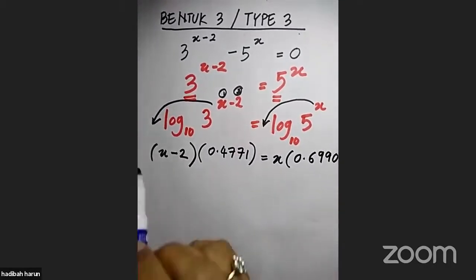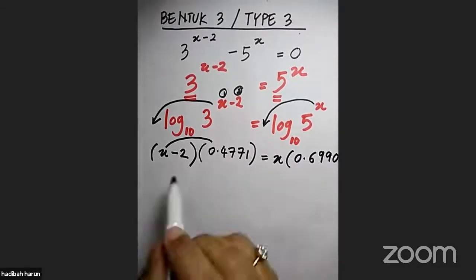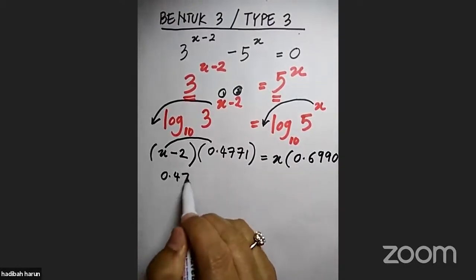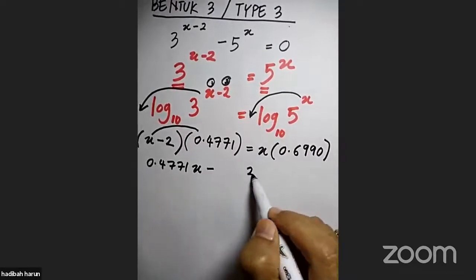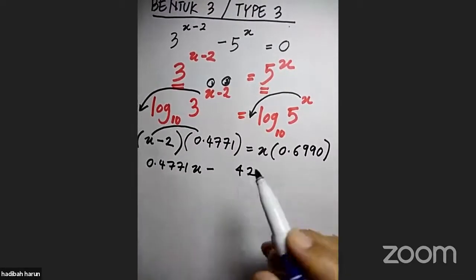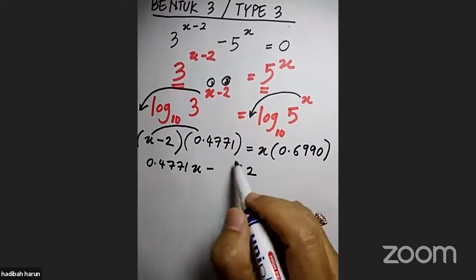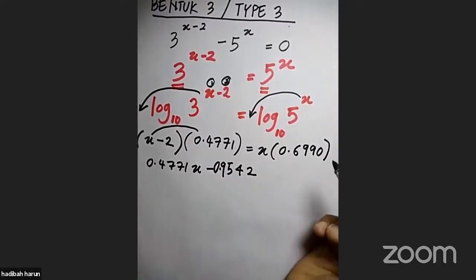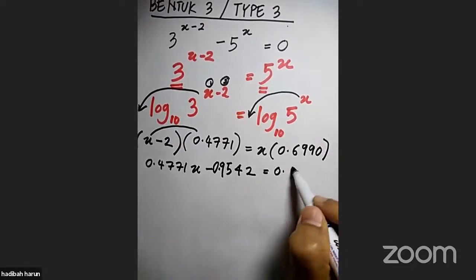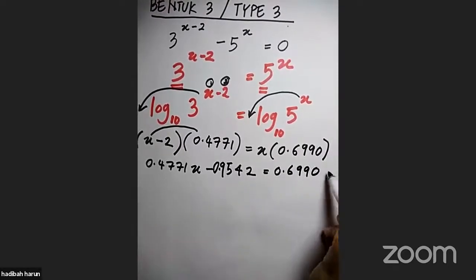So you are going to multiply: 0.4771x minus 2 times 0.4771, which is 0.9542, equals to 0.6990x.